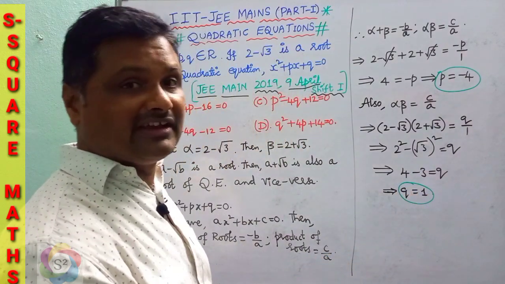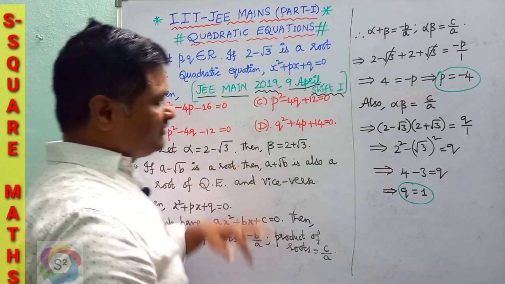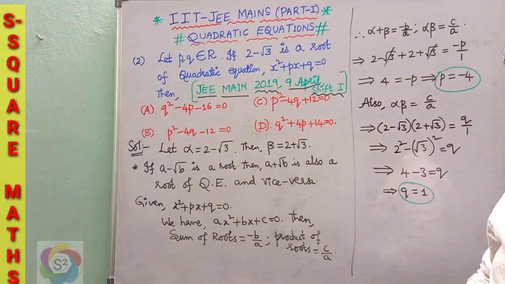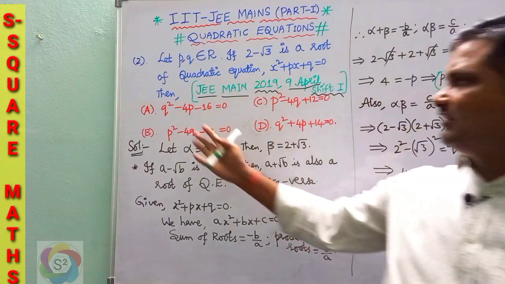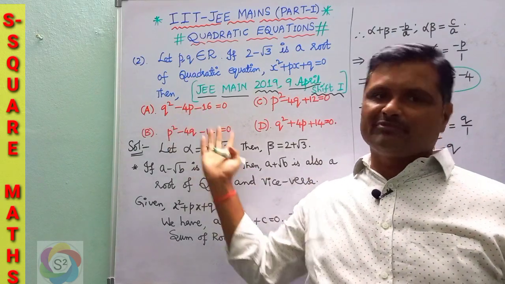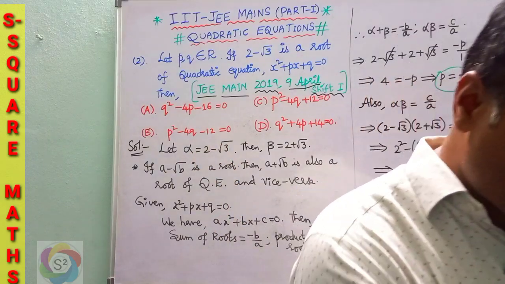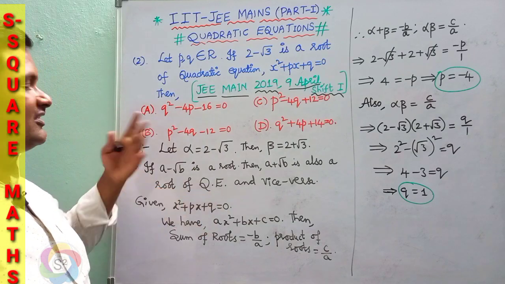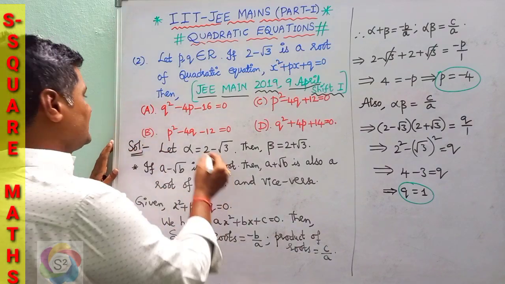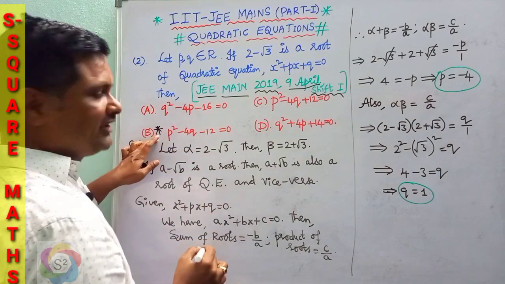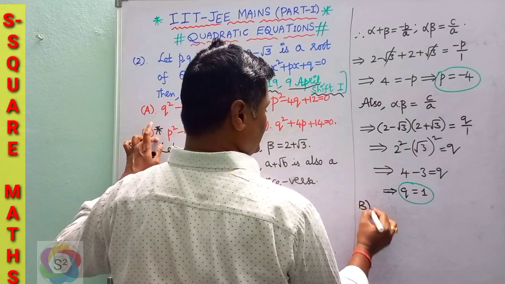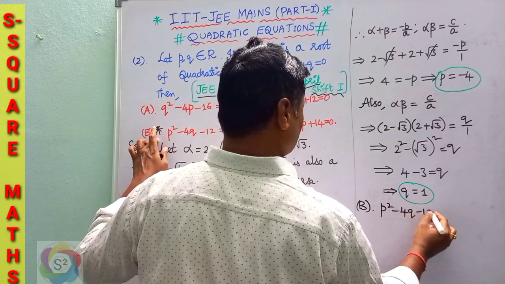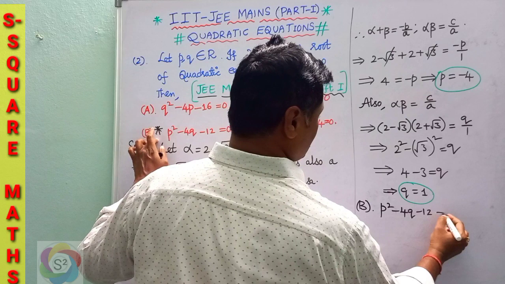After getting p and q values, if you check out our options A, B, C, D, the variables are in terms of p and q. So substitute all the values in the required equations. In the options, for the sake of simplicity, let us consider option B. What is our B option here? P square minus 4q minus 12 is equal to 0.